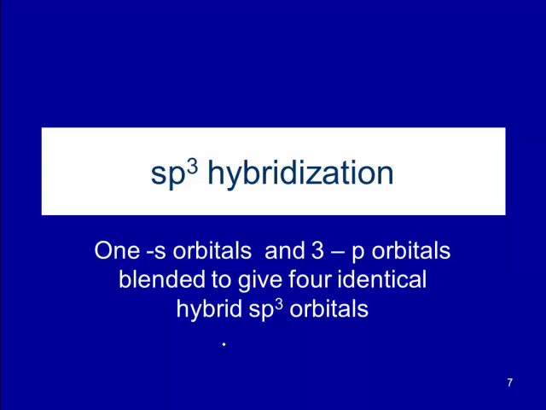To reconcile that, we mix the 1s orbital and 3 p orbitals to give 4 individual hybridized sp3 orbitals, so they are ready to bond to the surrounding atoms.